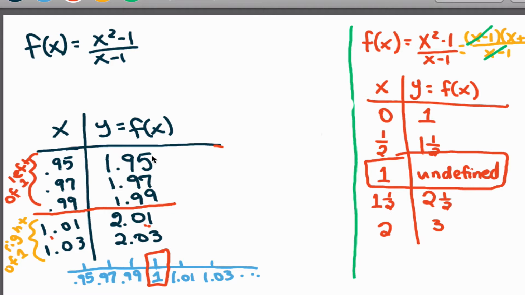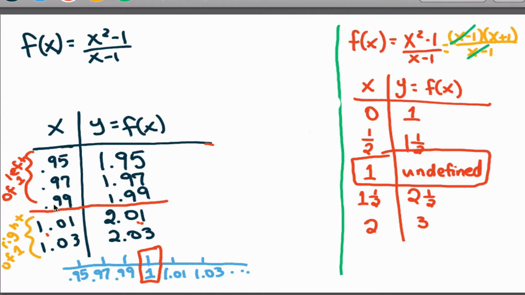Notice the outputs. When we plug in these inputs, we get these outputs. For example, if you plug in 0.95, you would have 0.95 squared minus 1 all over 0.95 minus 1, and you would get 1.95.